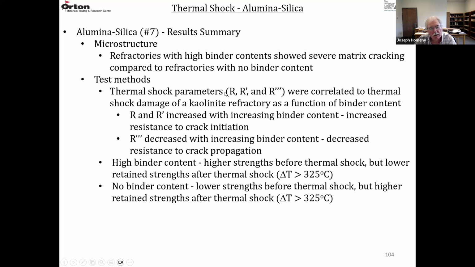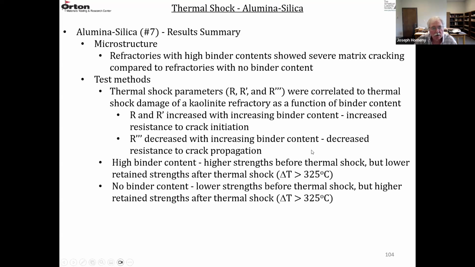So when they looked at the thermal shock parameters R, R prime and R3 prime, they correlated the thermal shock damage as a function of binder content. R and R prime increase with increasing binder content. Basically, they're saying that increased the resistance to crack initiation. And then R3 prime decreased with increasing binder content.